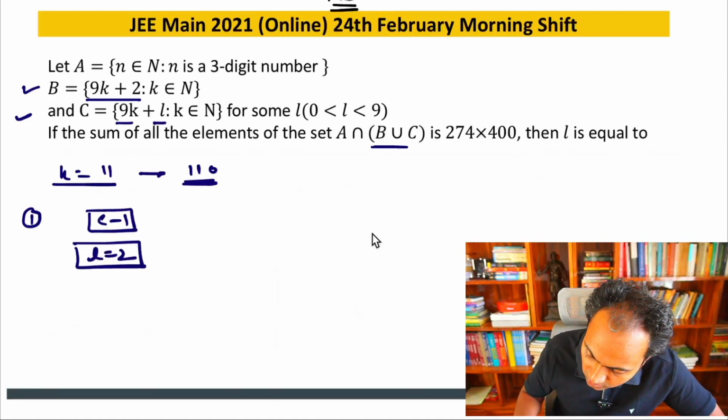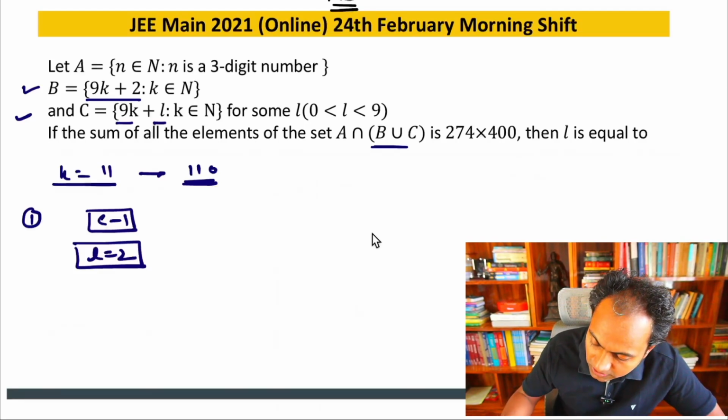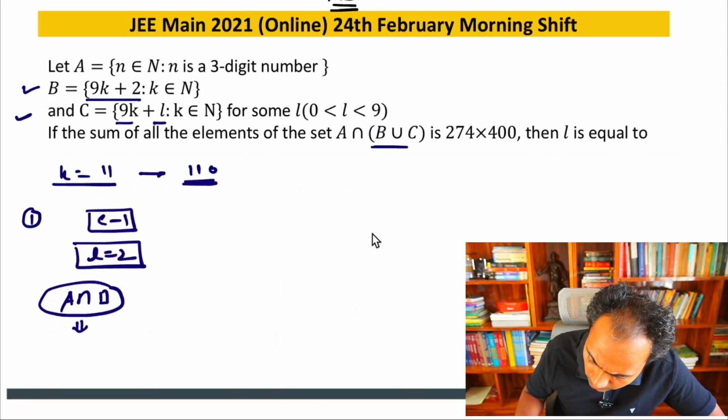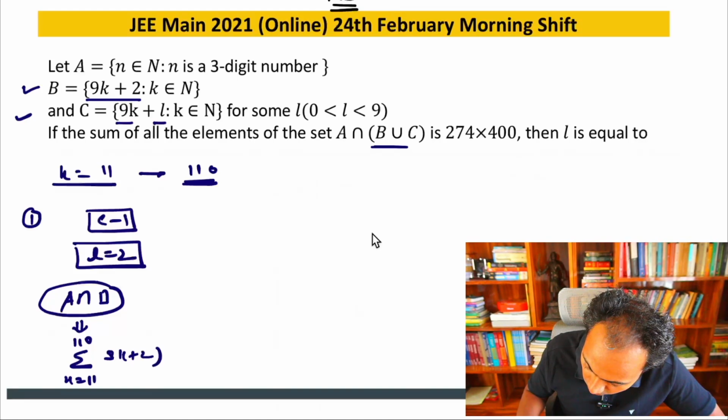In this case, your B set and C set would be the same, so their union will be B. So what we essentially want to find is A intersection B, which would be the numbers of the type 9k plus 2. And if I want to find the sum, k will go from 11 to 110, of 9k plus 2. This is what we will get.